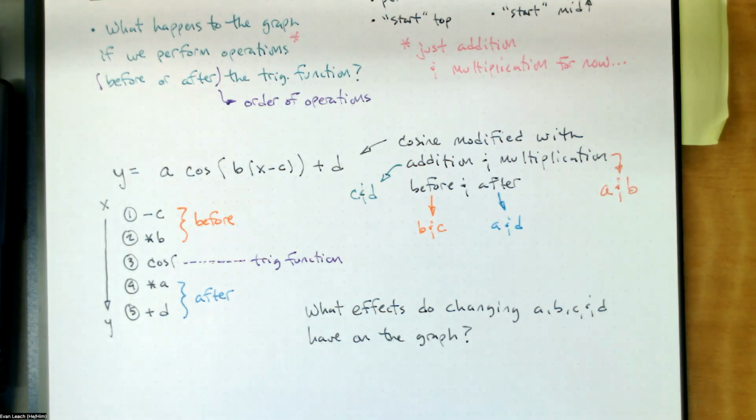How is the amplitude affected? How's the top, middle, and bottom affected? How's the period affected? How's the start affected?